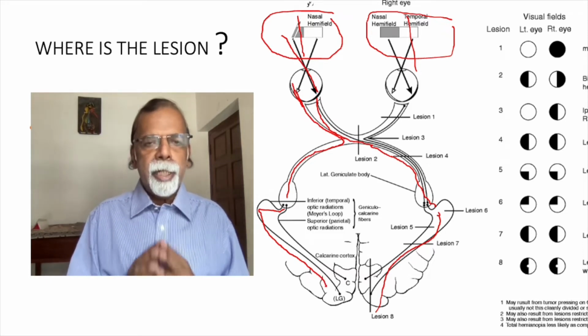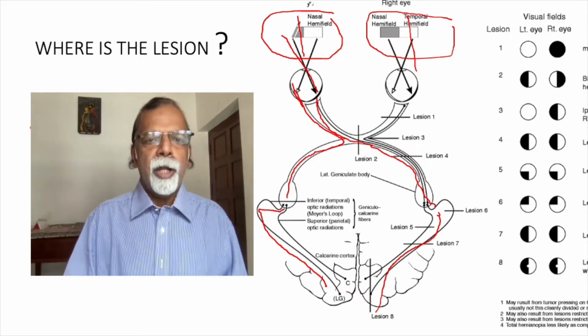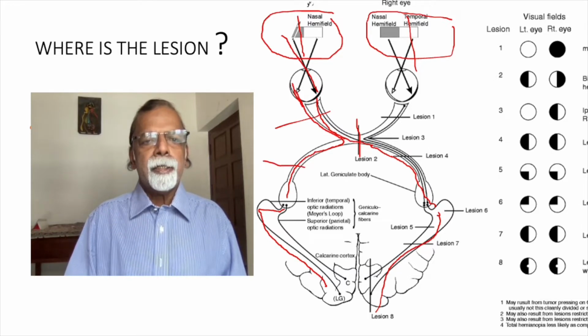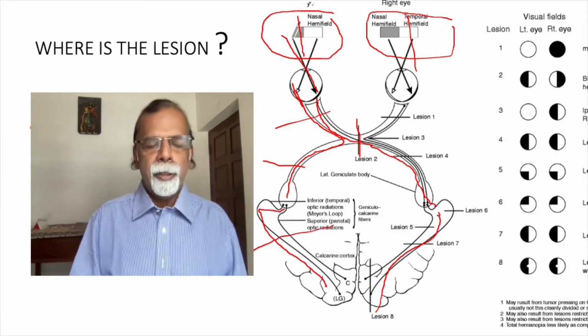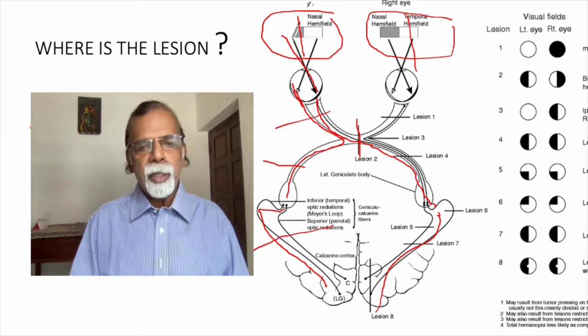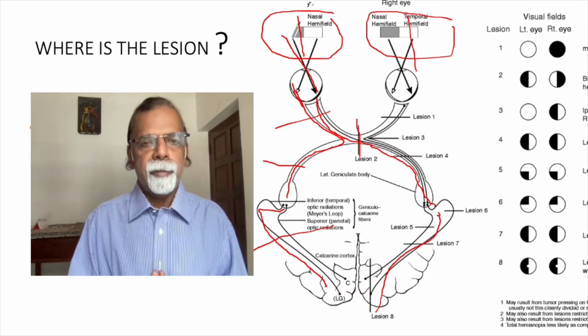So the main lesions in the visual pathways can be one at the level of the optic nerve, second at the level of the chiasm, third at the level of the optic tract, then at the level of the optic radiation. Let us see how to differentiate.